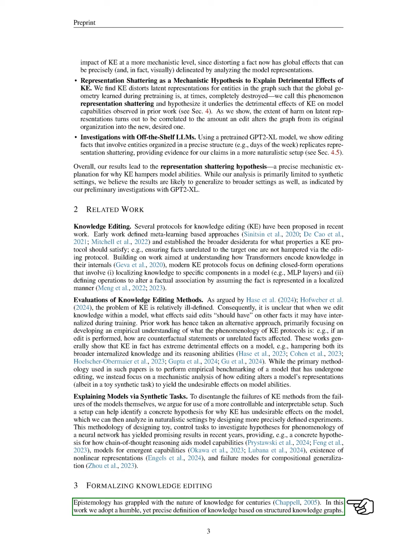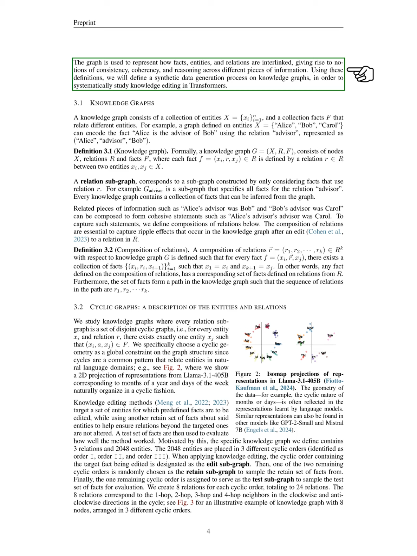We also address the concept of knowledge editing through a structured definition based on knowledge graphs. These graphs illustrate how facts, entities, and relationships are interconnected, leading to ideas of consistency and reasoning across information. We will establish a synthetic data generation process using knowledge graphs to systematically investigate K in transformers.